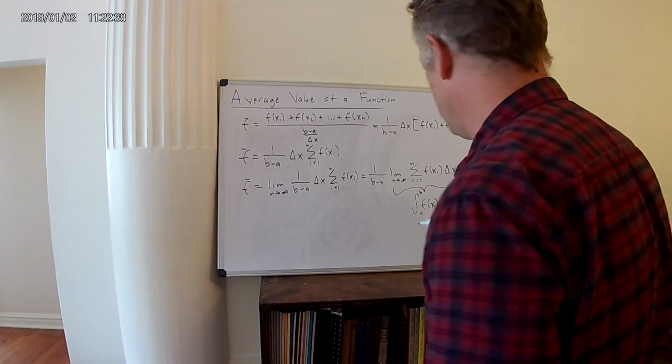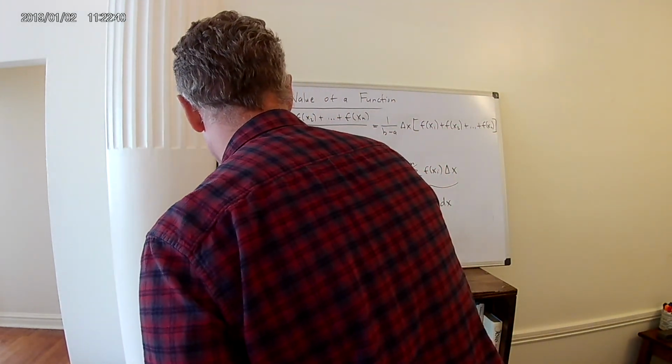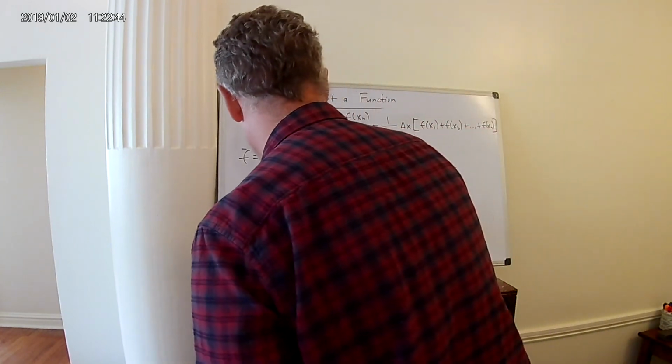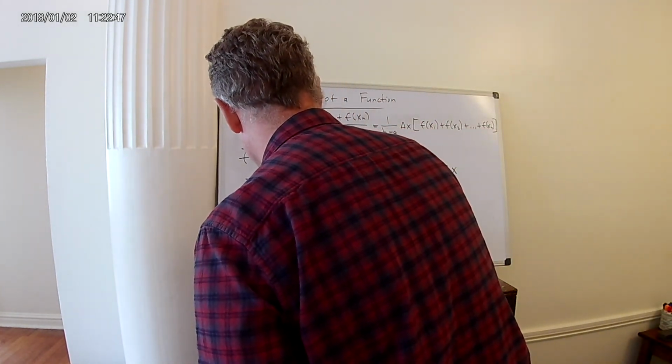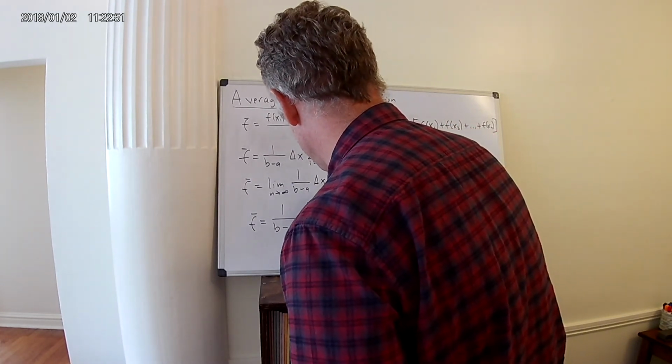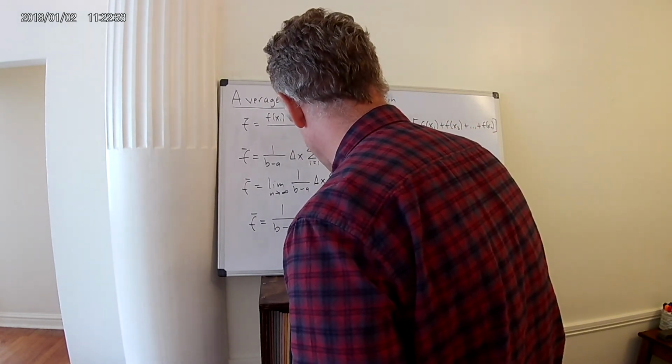And so now I obtain a really nice, beautiful formula. The average value of a function over some interval [a, b] is equal to 1 over b minus a times the integral from a to b of f of x dx.